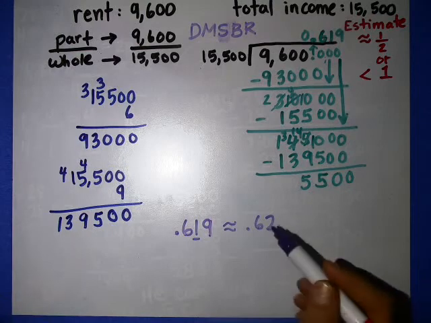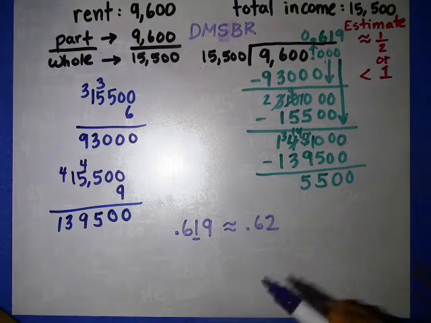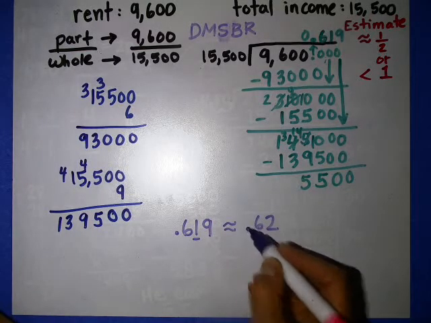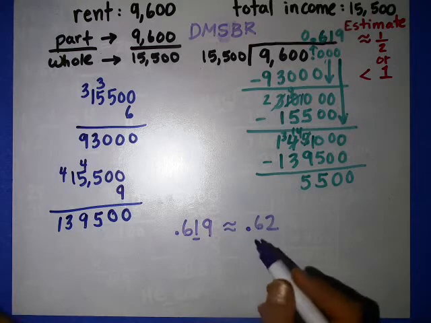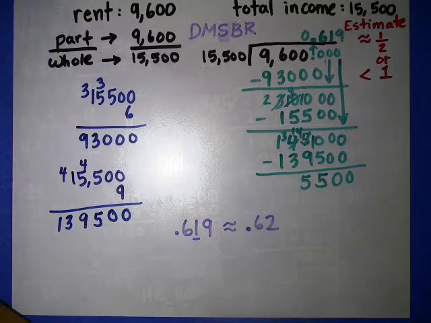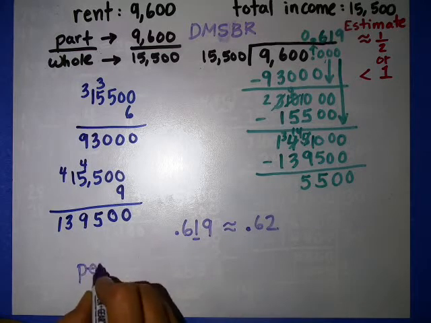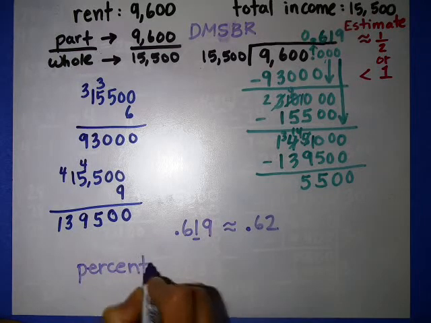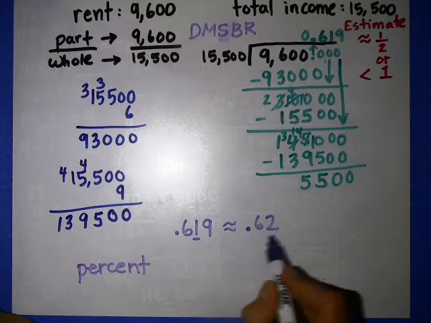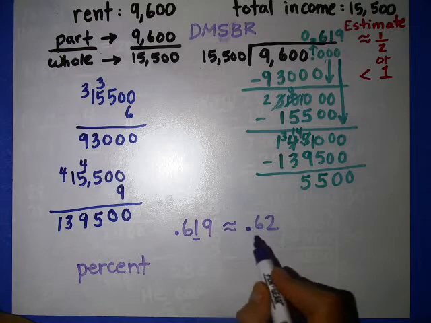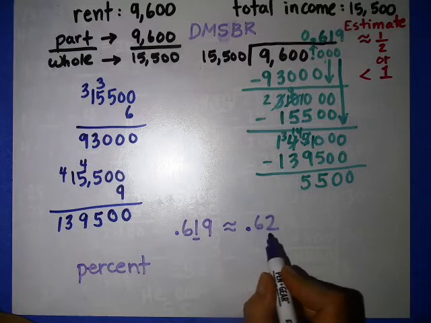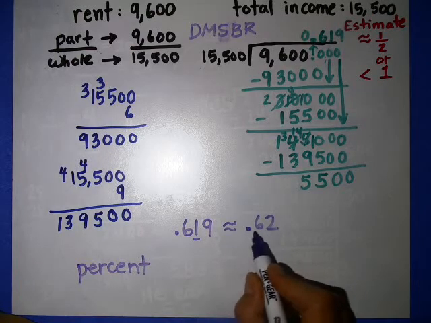So now, your percent is not 0.62. Percents are always out of 100. So to make this a percent, there's a couple different ways you could do it. This is 62 hundredths. If you read it the way you're supposed to read a decimal, this is in the hundredths place, this is in the tenths place.